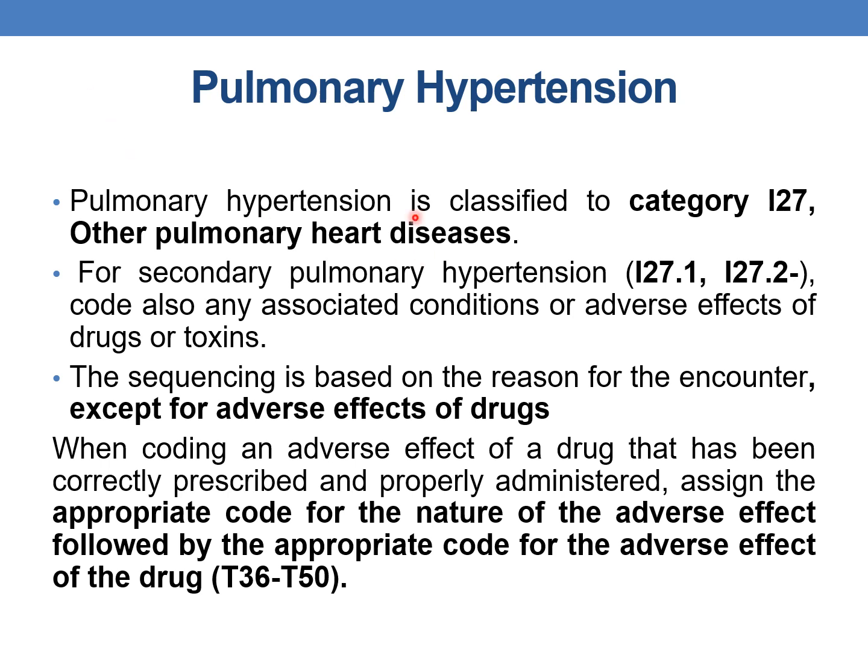And the pulmonary hypertension series comes under I27. For secondary pulmonary hypertension and pulmonary hypertension NOS, you can refer to I27.1 and I27.2. We will make a separate video on pulmonary hypertension very shortly.